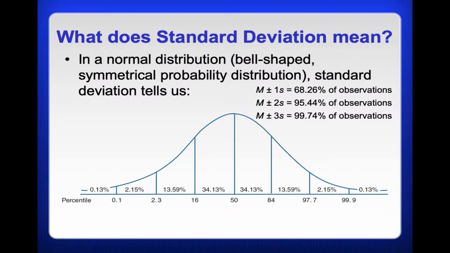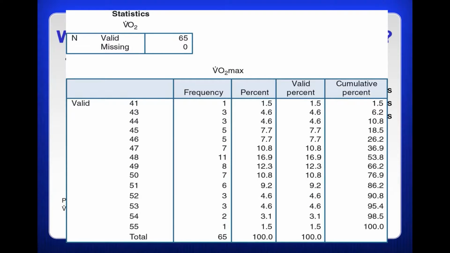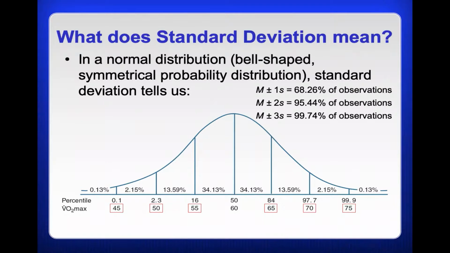Now you have a little more understanding of the normal distribution. Let's talk about the example on slide 14. This is a chart where there are 65 students, and here is the record of their VO2 max. According to the data, the mean of the 65 students' VO2 max is 60, which is in the middle of the bell shape.